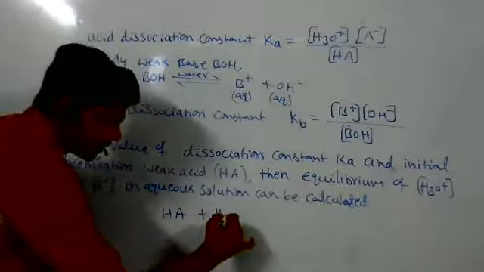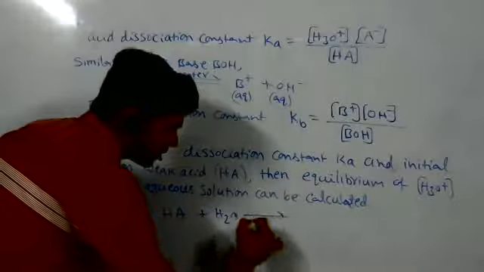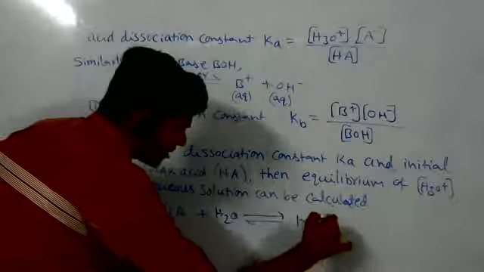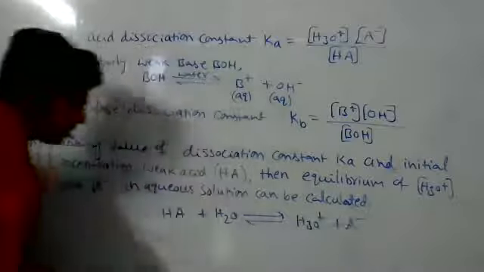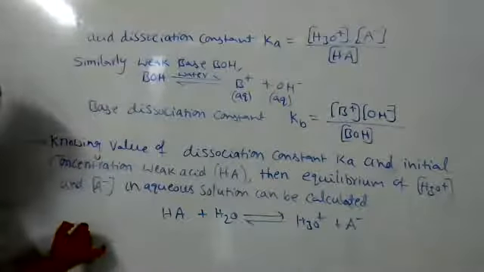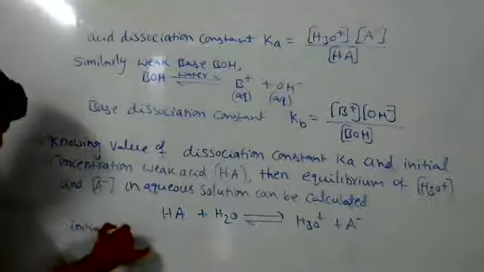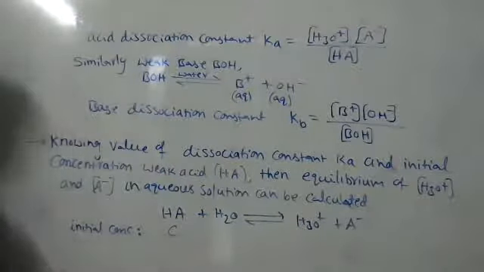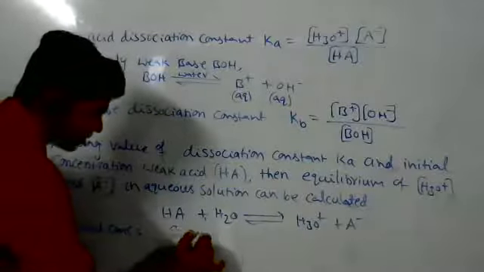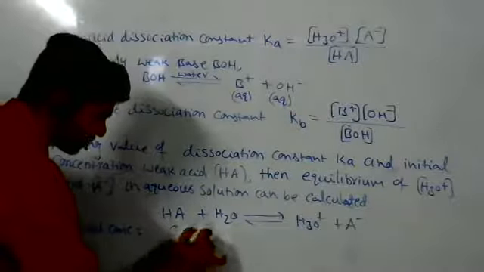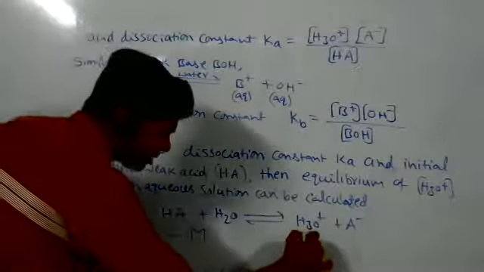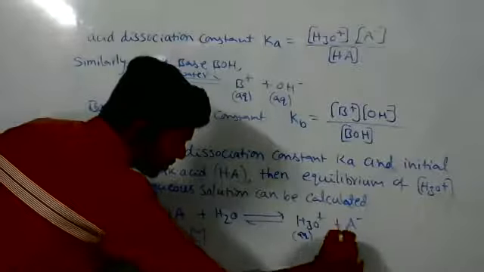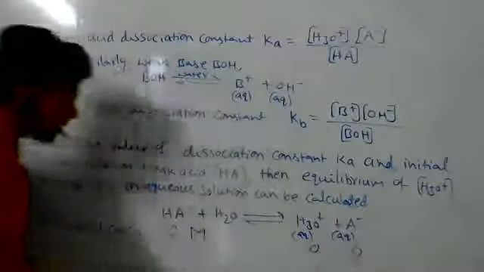HA plus water gives H3O plus and A minus. Initial concentration: we will take C mole, capital M, and 0 moles for the products.